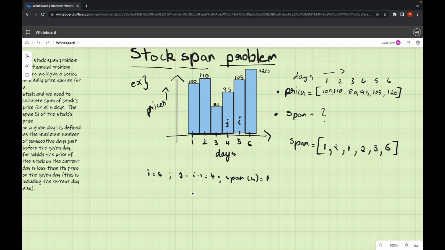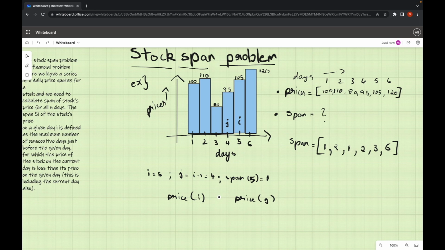So what you do is you compare the price on the ith day with the price on the jth day. If the price on the jth day is more, then you do not do anything. You simply say the span on the ith day is 1.